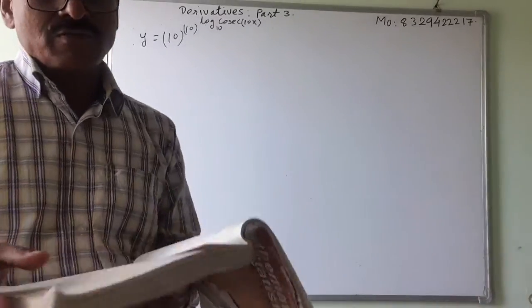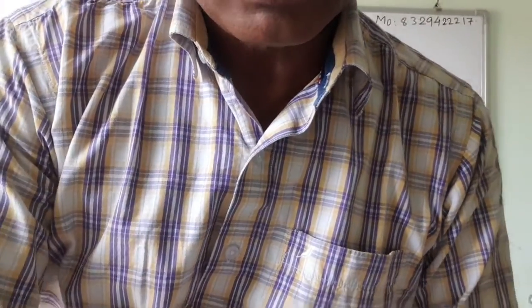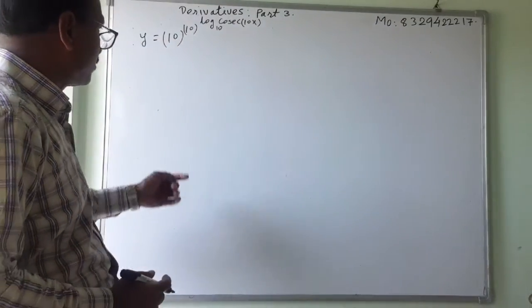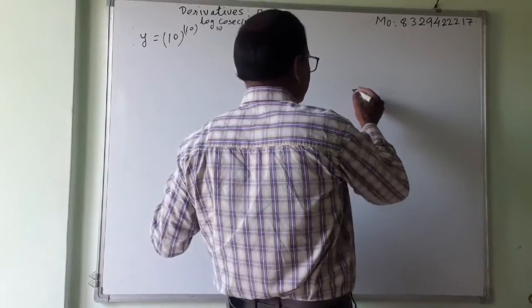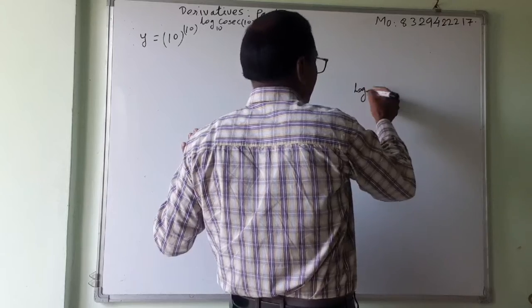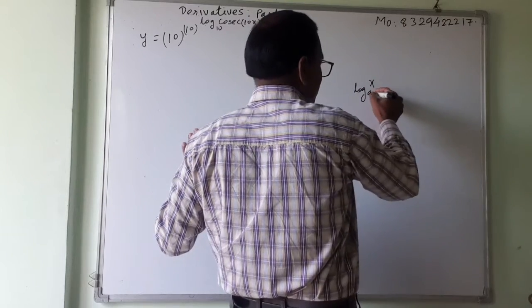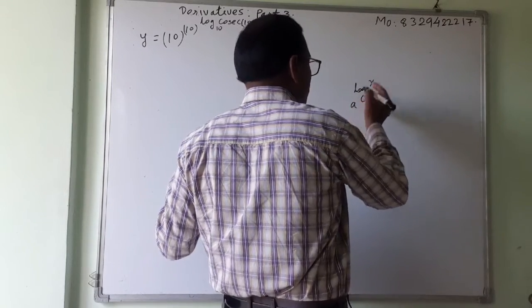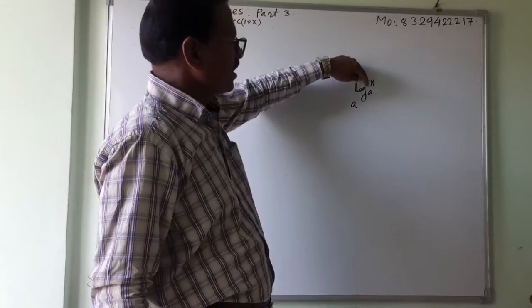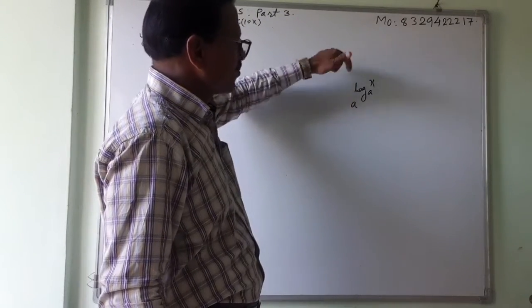So this formula I have not given while teaching you some formulae in logarithms. Here again I will tell you this: 10 raised to log of x to the base a, and this is raised to a. Log of x to the base a, it is raised to a.